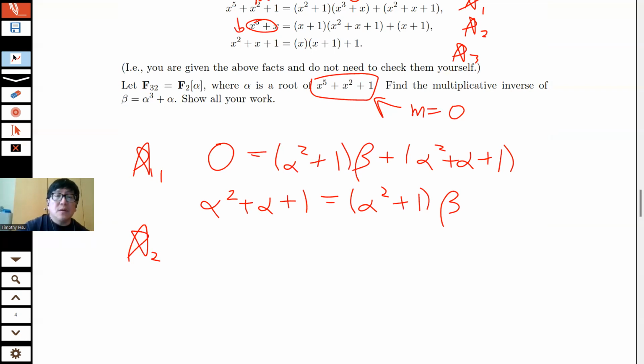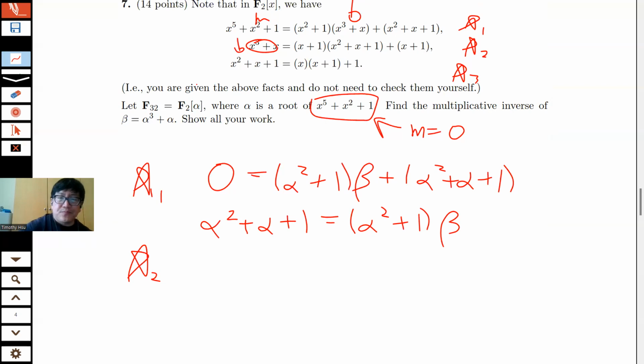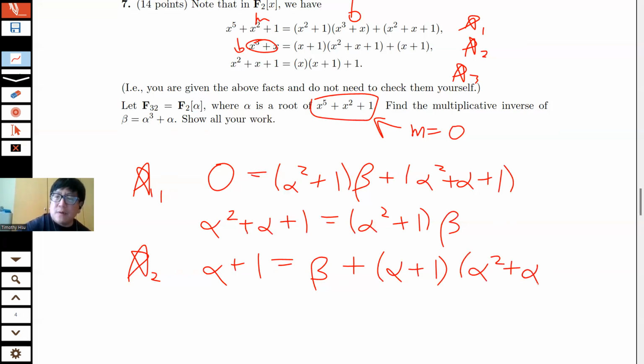I think no questions so far. Okay, star 2, let me be a little bit more careful about this. Star 2 solving for the remainder says that alpha plus 1 is equal to beta minus, which is really plus, x plus 1 times, oh, sorry. You can write x, it's fine. Alpha plus 1 times alpha squared plus alpha plus 1.